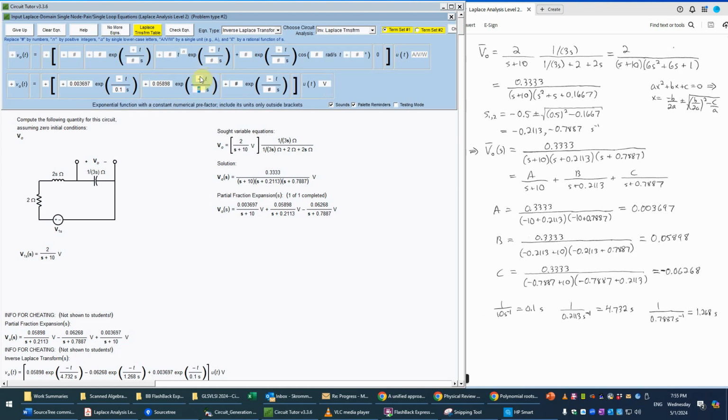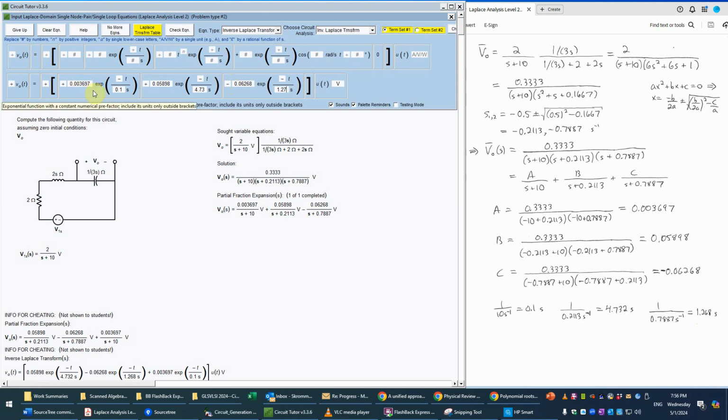And again, negative exponent, but the time constant now is the reciprocal of the 0.2113 inverse seconds, which is 4.732. I'll just put 4.73, I guess. And then we enter our third coefficient. Well, again, this one minus, so I'll put in 0.06268. And then the reciprocal of that rate constant was going to be 1.27, let's say, seconds.